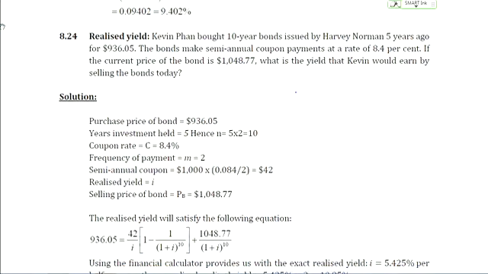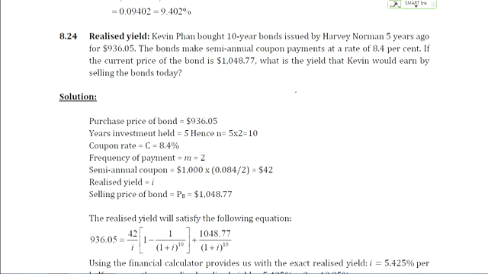The next one, realized yield. What is the difference between realized yield and yield to maturity? Remember, again, realized yield is the discount rate. So in this case, we are going to find the discount rate, the same as the YTM.